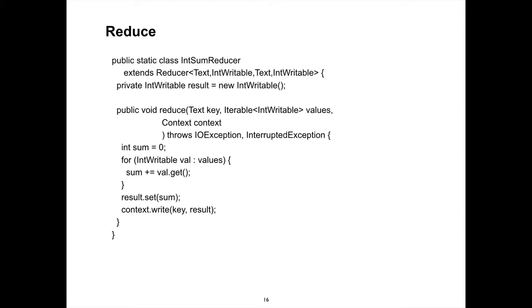So behind the scenes, what's happened is Hadoop has already combined all the tuples that have the same key, and they pass it to a reduce with the one key and list of all the values. So in this case, we just sum up all those values, and then we write out the result to the context again.